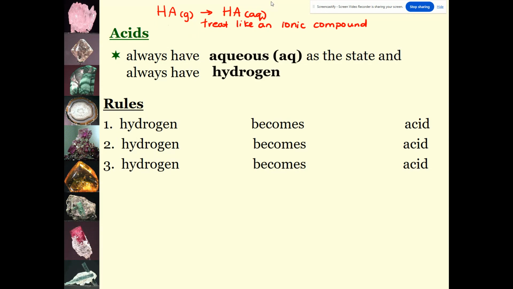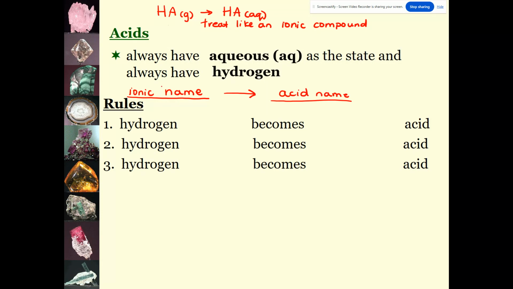Now these are the rules. You're going to give your hydrogen compound an ionic compound name. So in other words, we will not be using prefixes to name them. Then, as long as it's been dissolved in water, you change it to an acid name.